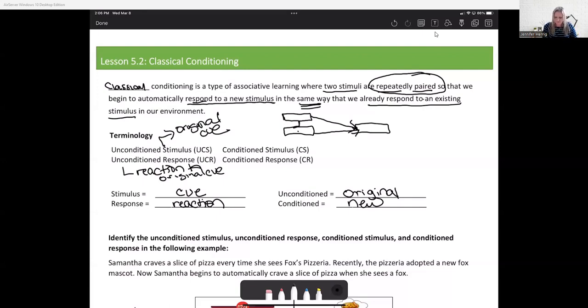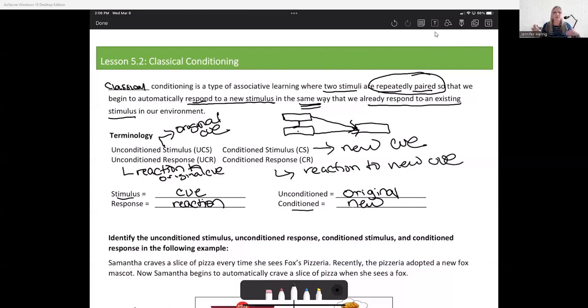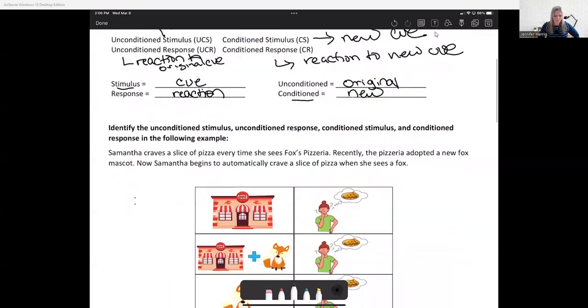All right, conditioned stimulus is our new stimulus, new cue. And our conditioned response is the reaction to the new cue. So that's all we have to remember to be able to understand the different components within classical conditioning. And now we already know what classical conditioning looks like. So let's look at an example.